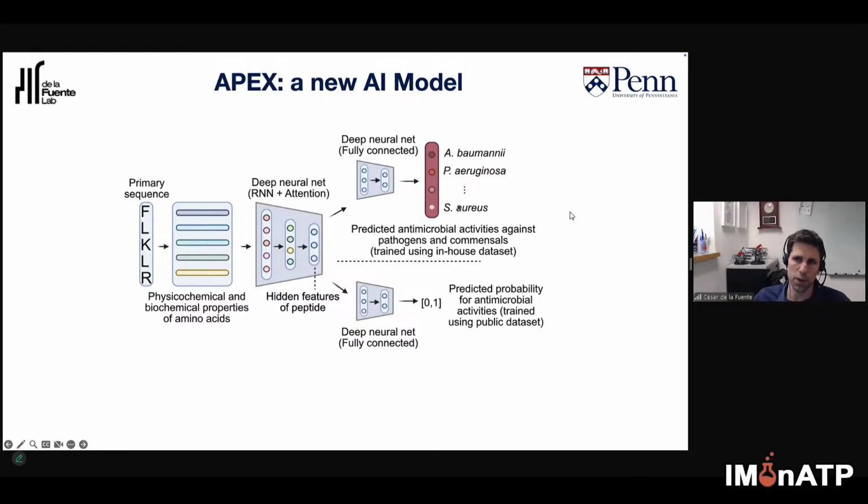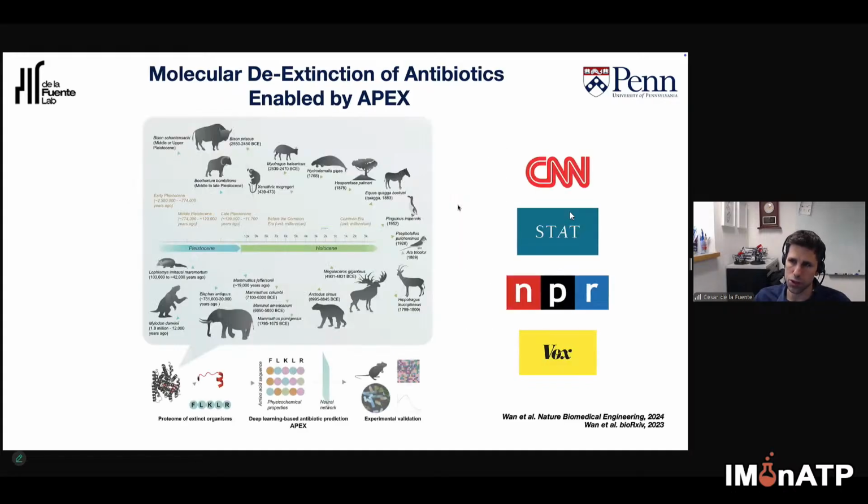But perhaps more importantly, Apex opened a window into the past, and it enabled us for the first time to sample all of evolution, including the Holocene and the Pleistocene, and sample many different organisms. Here I'm just showing some examples of the ones where we found the top antibiotic molecules, which includes ancient penguins that were extinct in the 50s.